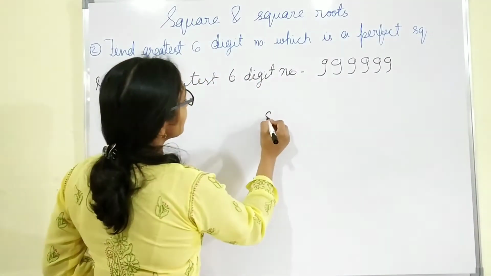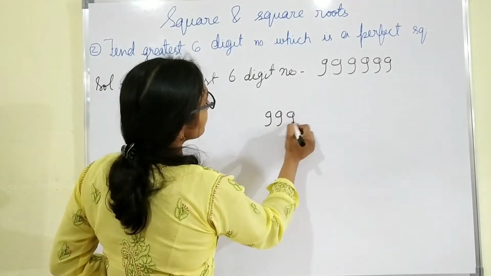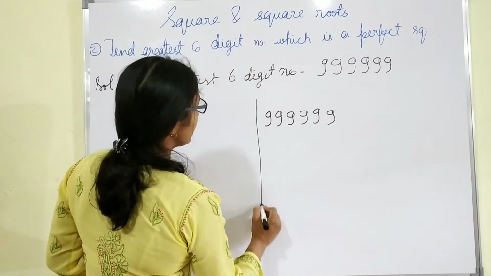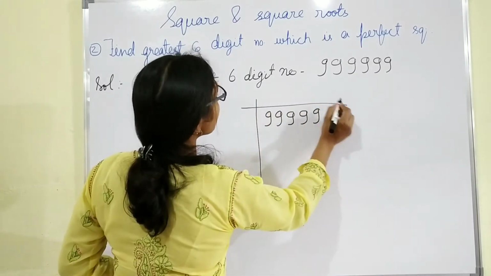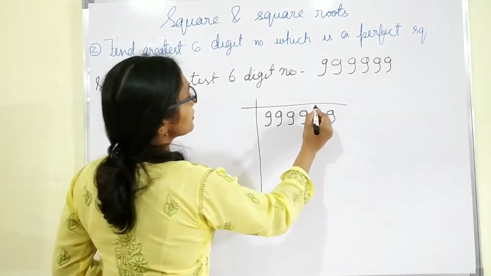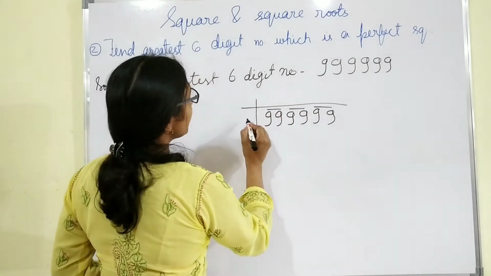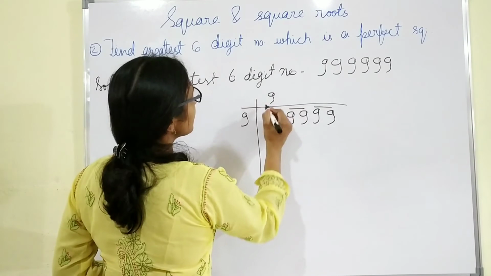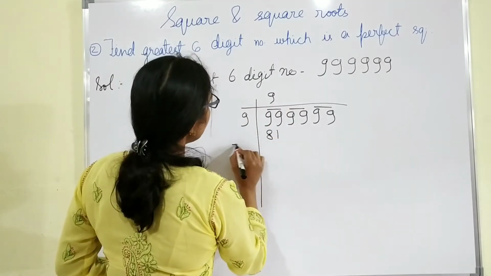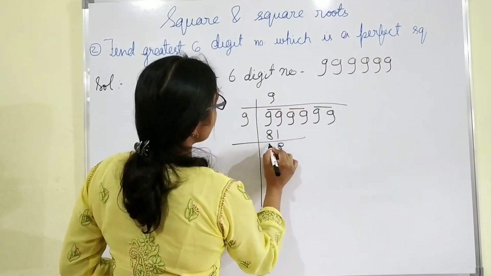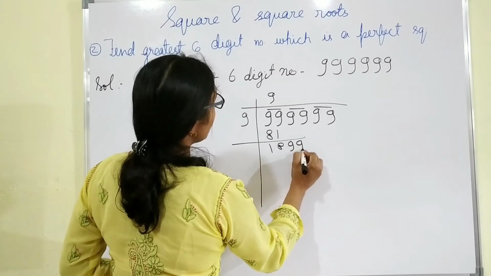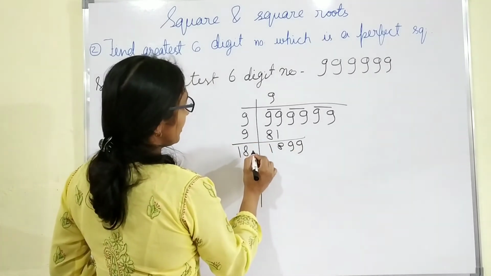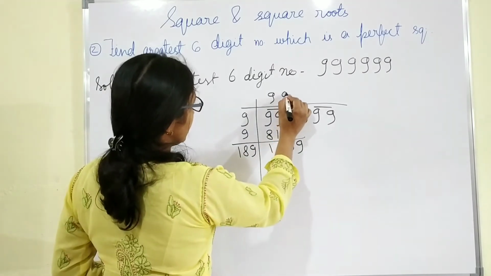Okay. We will take the greatest 6-digit number. Now pair. 9 9s are 81, 8 1, 9 9, 9 18. Now we will take 9.